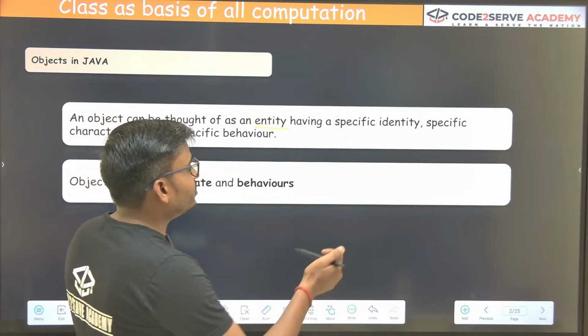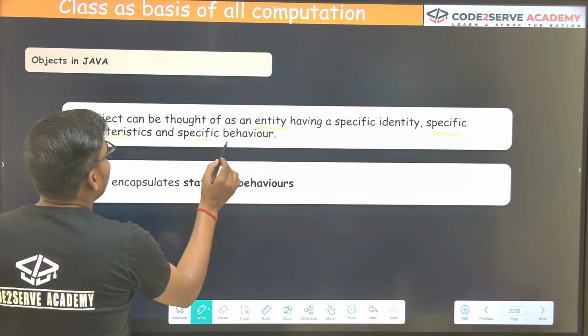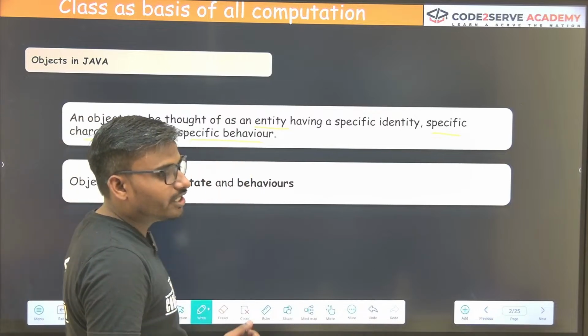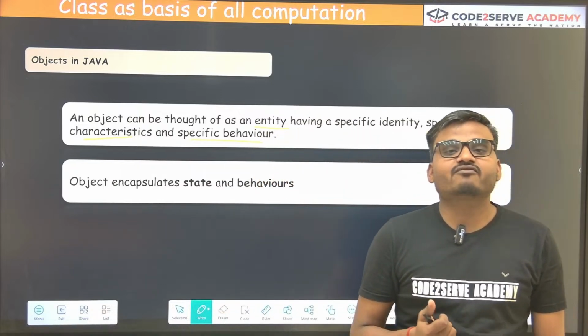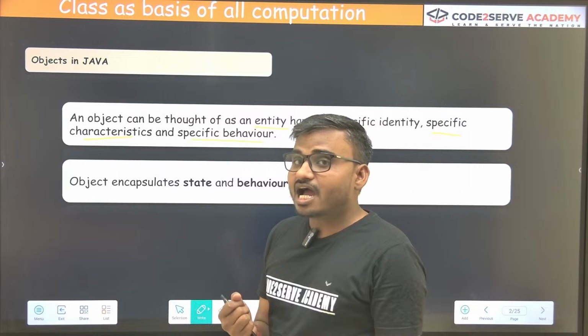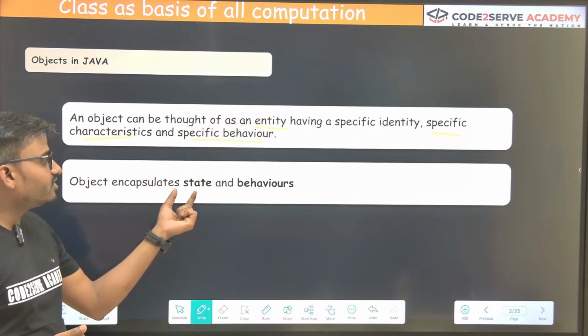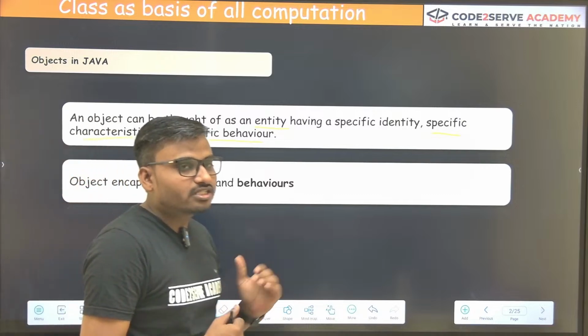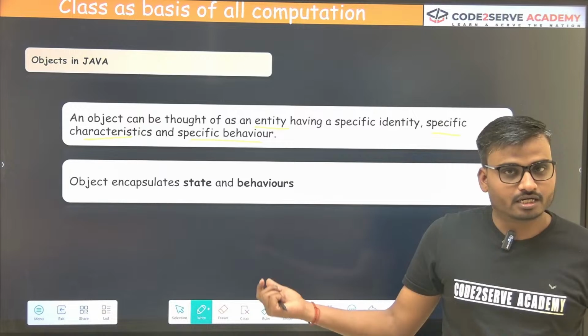And next, specific characteristics and specific behavior. So you already know an object has specific characteristics and specific behavior, right? And you can think of it like an object encapsulates state and behavior. What the state is and what the behavior is, we are going to look at next.